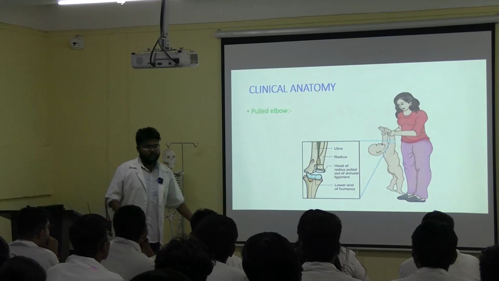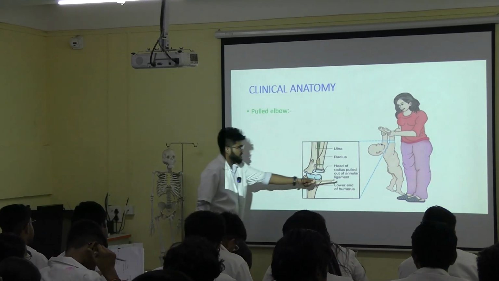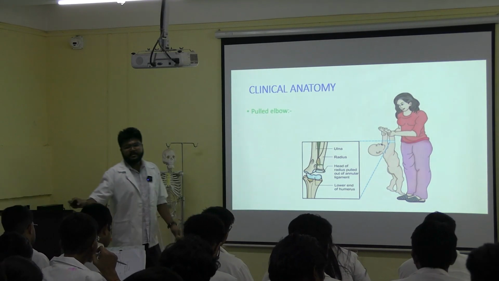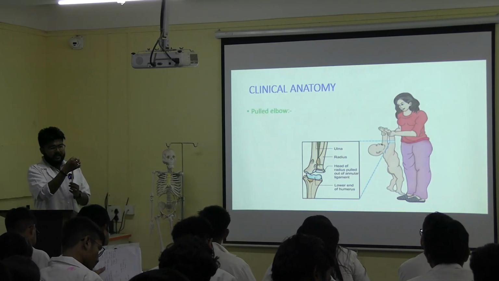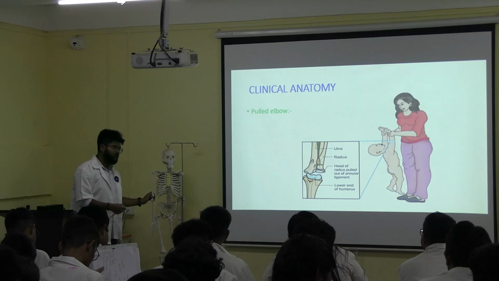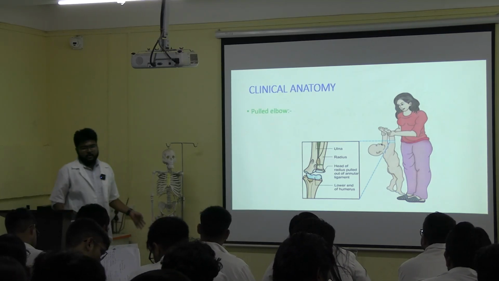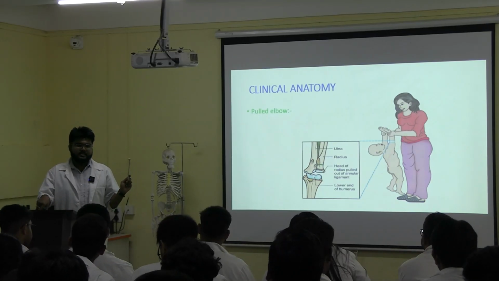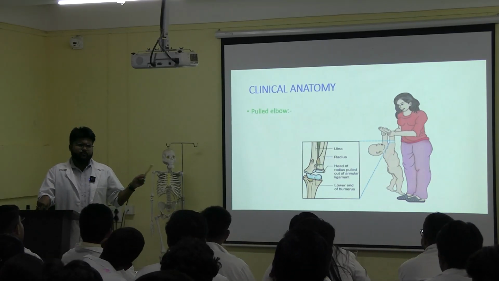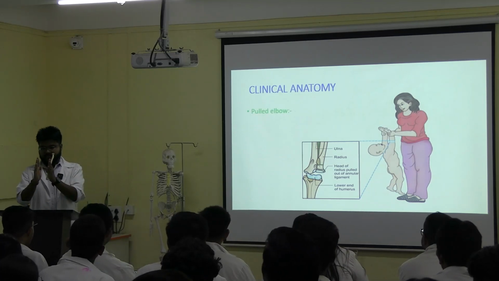Pulled elbow. You all know this annular ligament; one ligament is present around the head of the radius, also the neck. Always remember, in children between 2 and 5 years, this ligament is tubular in shape, like a tube-like structure.